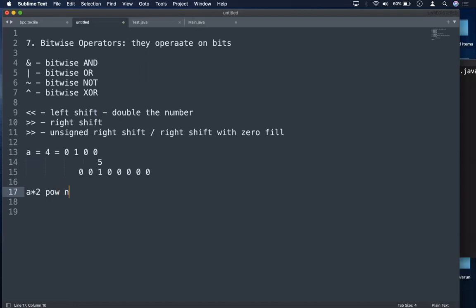For 4 into 2 to the power of 2, 2 power 2 is 4, so it becomes 16. That means 4 has become 8, and then doubling that, it is 16. If you left shift by 3 bits, it will be 4 into 2 cube, that is 8, and 4 into 8 is 32. So that's the formula. This is about the left shift. So what about the right shift?